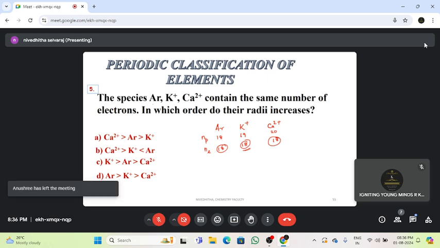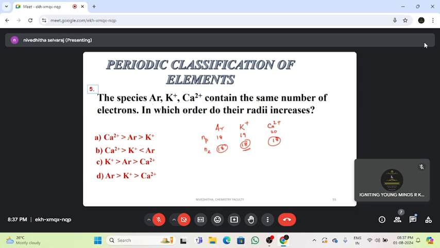So here, the size of potassium plus will be lesser than argon. Is that right? Because here we have 19 protons and just 18 electrons, so these 18 electrons will get attracted towards the nucleus more than in argon. And in calcium 2 plus there are 20 protons and just 18 electrons.